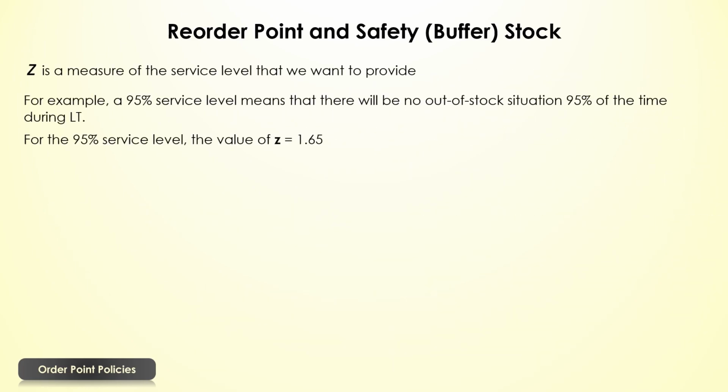For example, a 95% service level means that there will be no out of stock situation 95% of the time during the lead time. For the 95% service level, the value of Z is equal to 1.65.